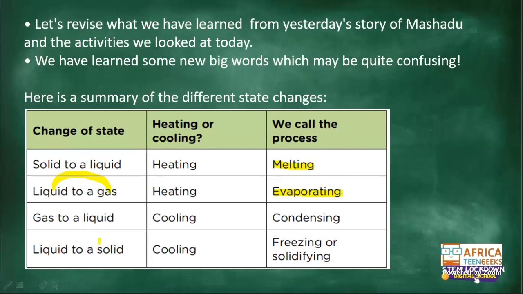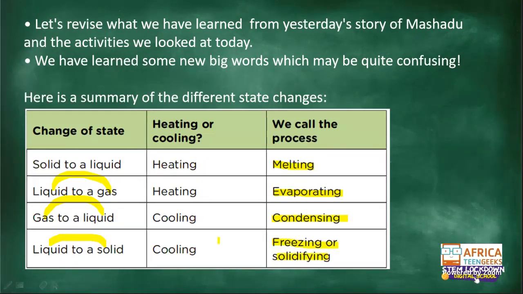Next one, gas to a liquid. By cooling it, condensation will take place, condensing. Then here, a liquid can be turned to a solid by taking away heat, by cooling it, and that is freezing or solidifying.